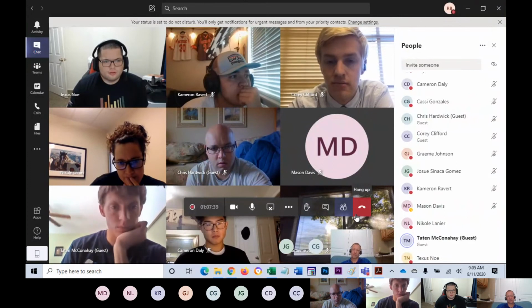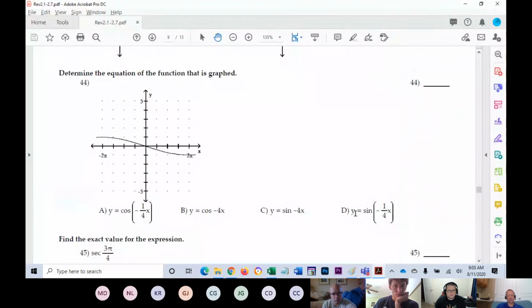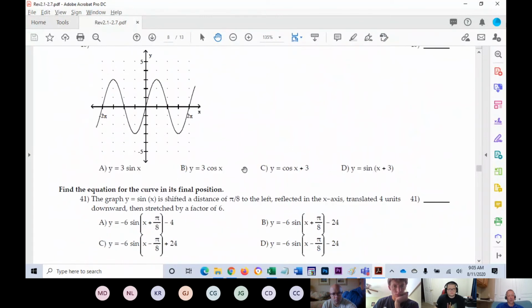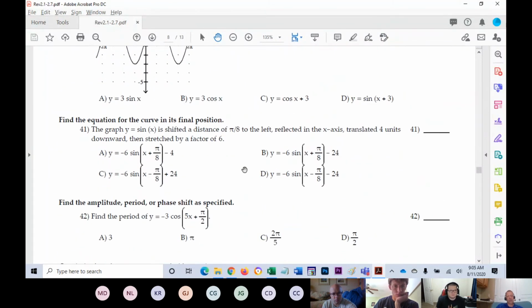How about 41? The graph y equals the sine of x is shifted a distance of pi/8 to the left. If it's to the left, is that going to be a plus or a minus? Going to be a plus.